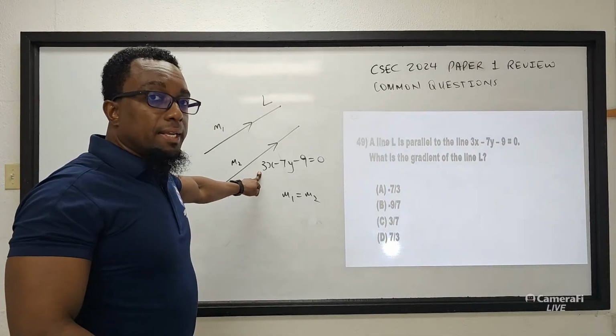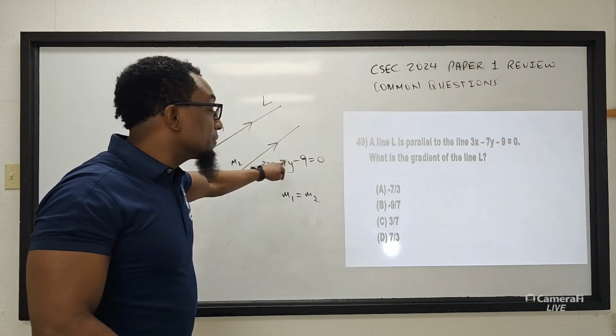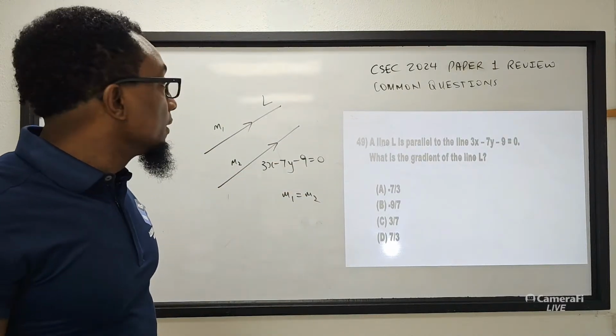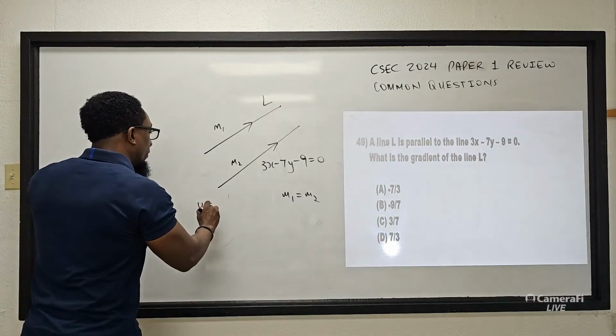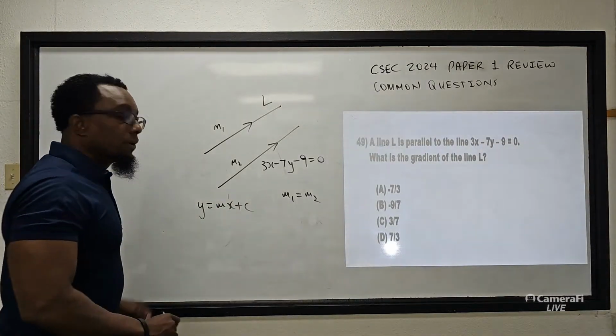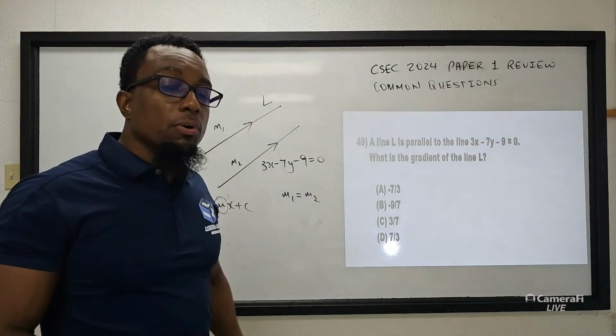For this line, whose equation is 3x minus 7y minus 9, from this equation I can find the gradient. What I need to do is take this equation and convert it into the form y equal to mx plus c, where m is the number in front of x representing your gradient.